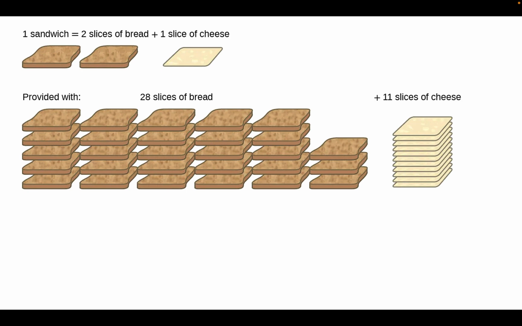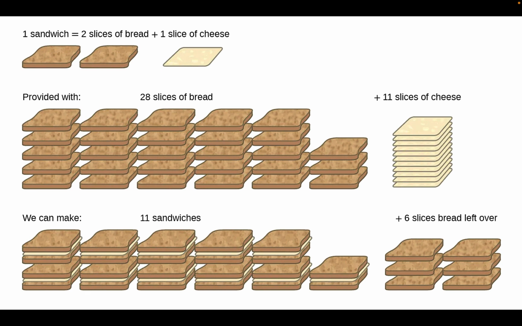We'll actually make 11 sandwiches because we're going to run out of slices of cheese first. We'll need 22 slices of bread to make the 11 sandwiches. We'll use all 11 slices of cheese, and that means we're going to have 6 slices of bread left over.